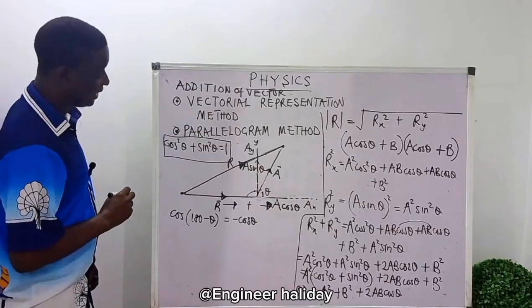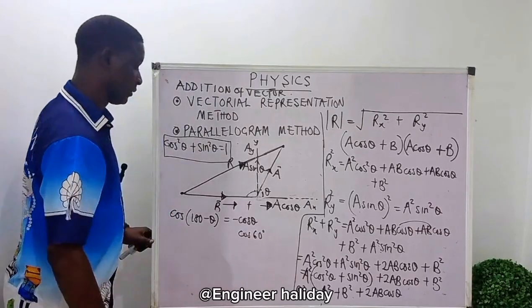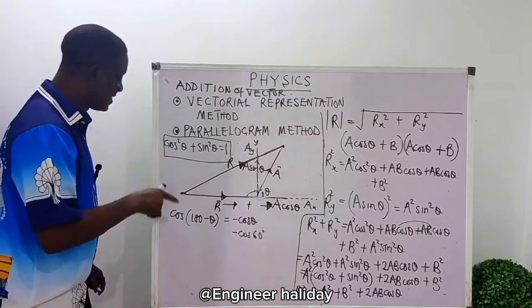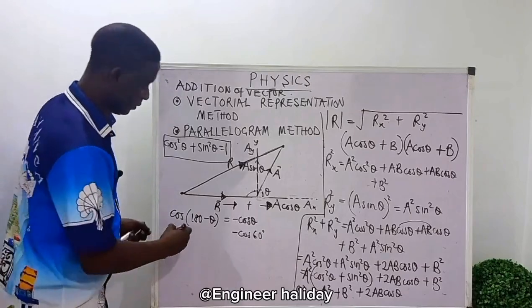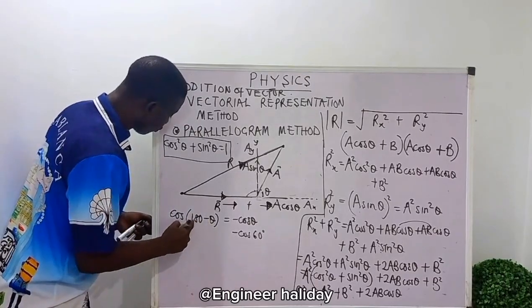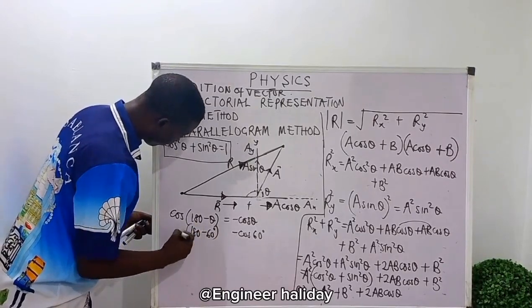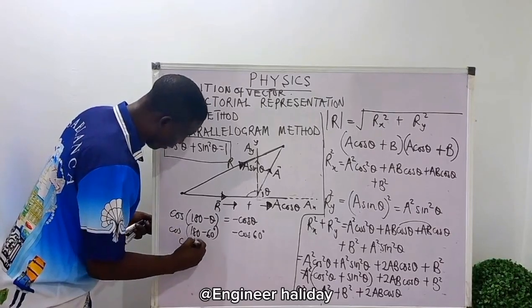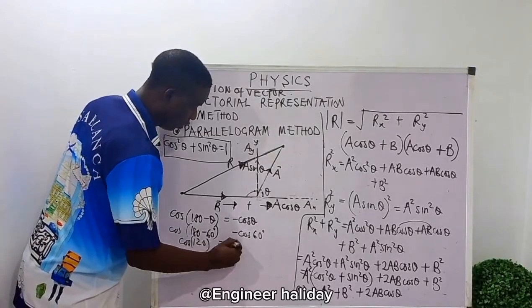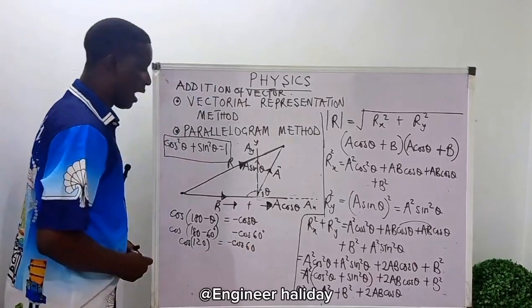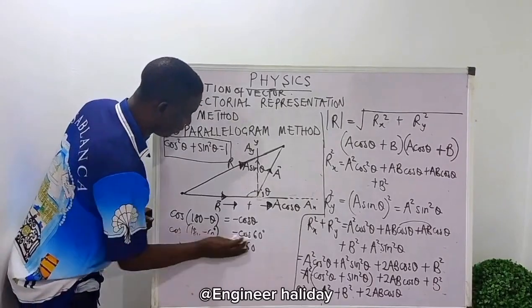Now, what I'm saying is that if you have cos 120, because if you put 60 here, 180 minus 60 will give us 120, and cos 120 is synonymous to minus cos 60. Now I'm going somewhere.